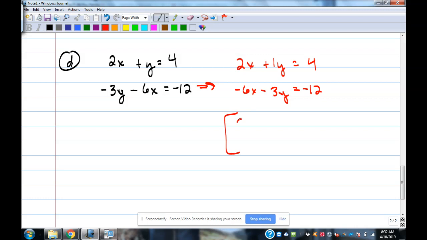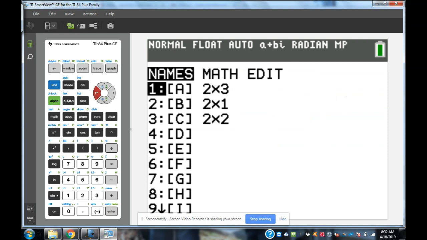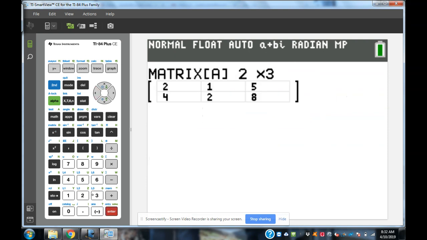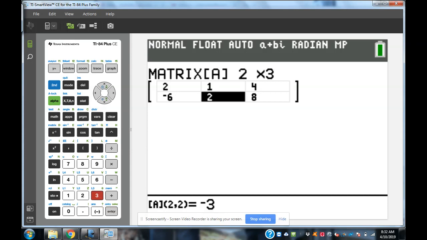And so that's our matrix that we need to put in there. Edit: 2, 1, 4, -6, -3, -12.